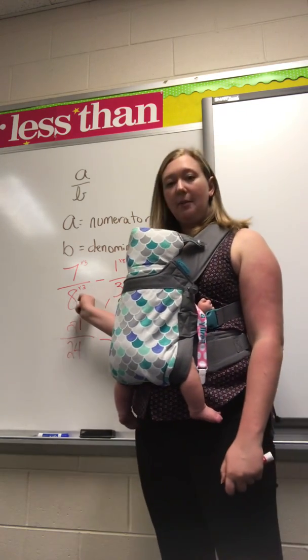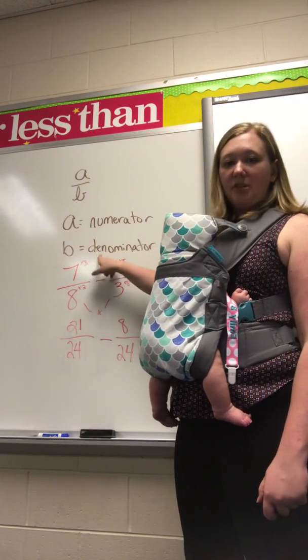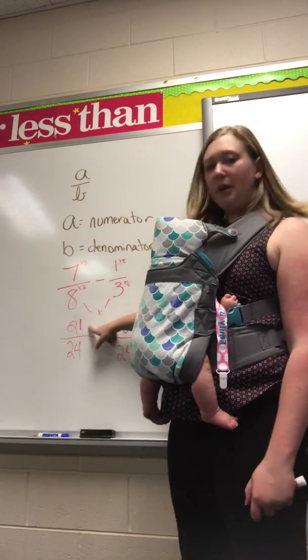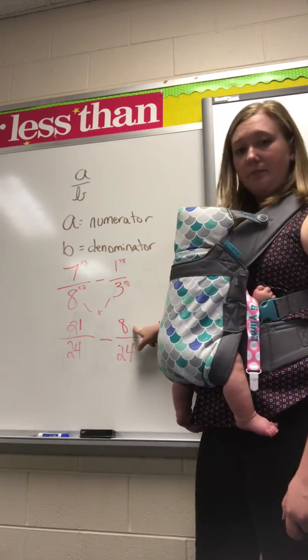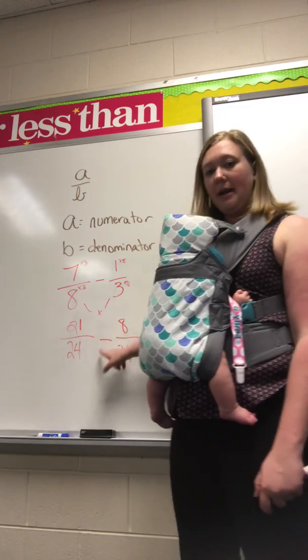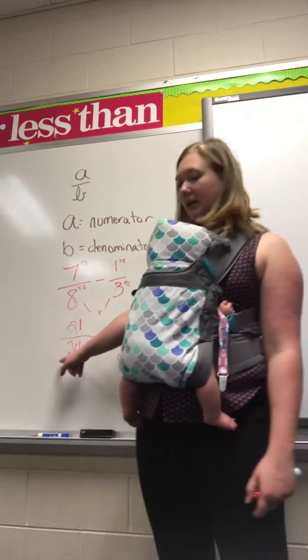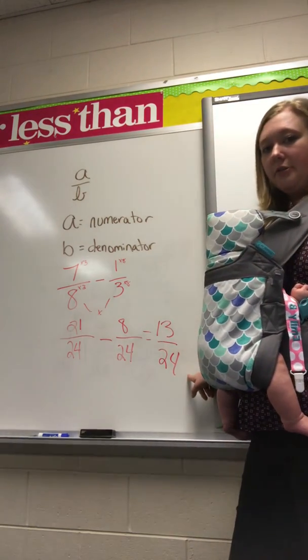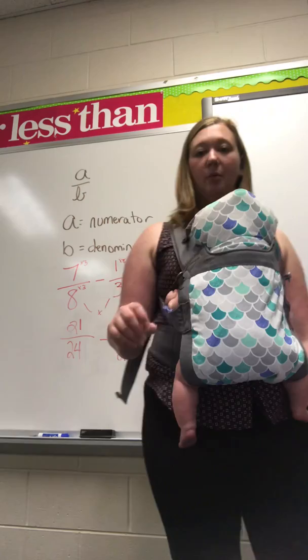What we do to the denominator, we have to do to the numerator. So that means we took 7 times 3 and got 21. We took 1 times 8 to get 8. 21 minus 8 is 13. We keep the 24. So our final answer is 13/24 because 13 is a prime number.